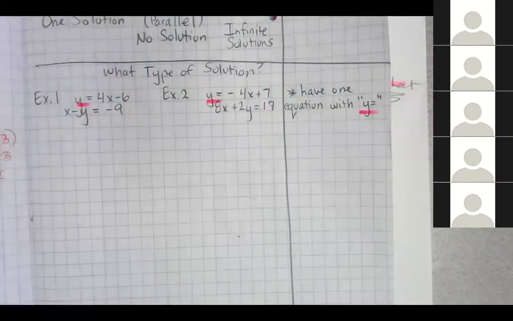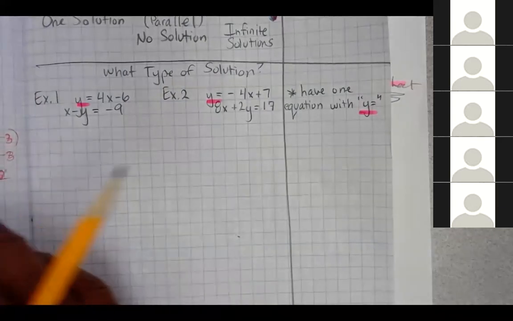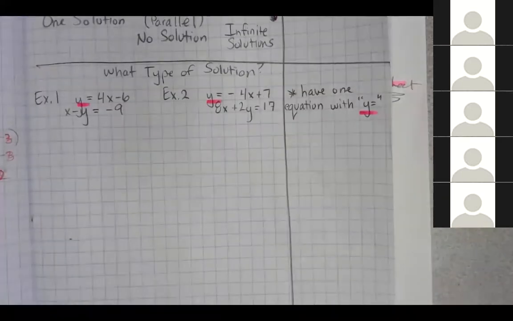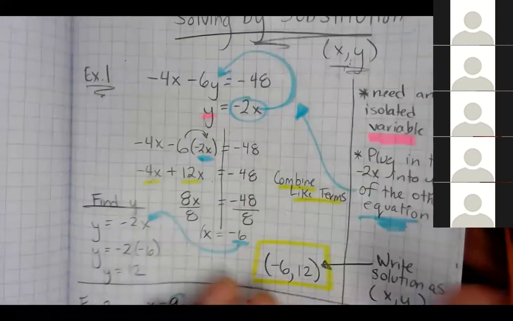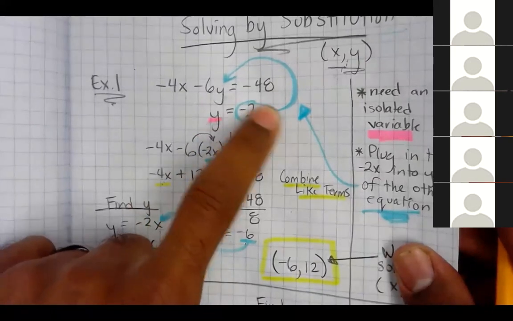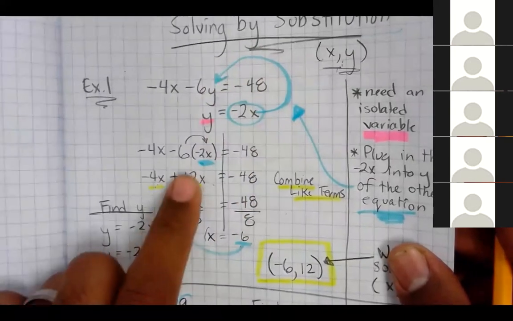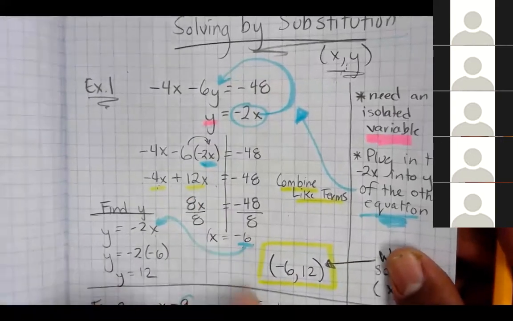They both have that. And if you guys remember back from when we were solving equations like this, let me just review something. When we had both or one equation with y equals, we did substitution. We took this part, we plugged it into the other equation, and then we simplified and solved for that first solution.